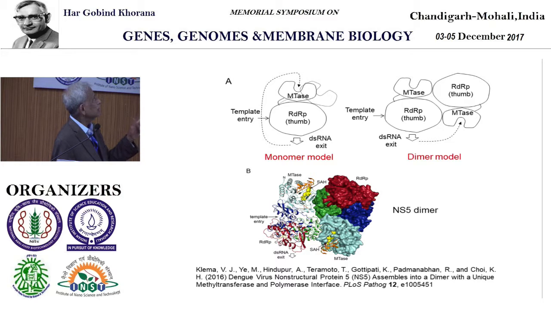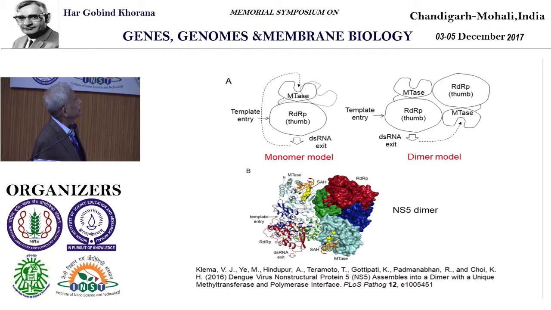There will be a problem with a monomeric NS5, because the positive strand RNA template enters here and the double-stranded RNA exits here, while the methyltransferase domain is farther away on the other end, so there is a need for a large conformational change. Now that she knows this is a dimer, she proposed that maybe a dimeric NS5 is involved in capping.